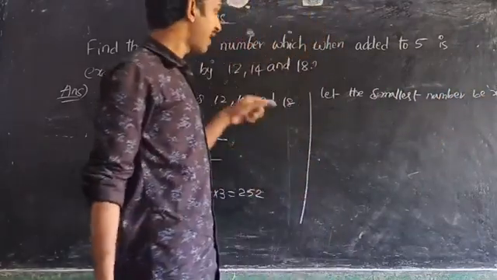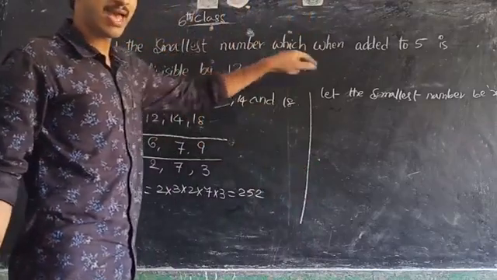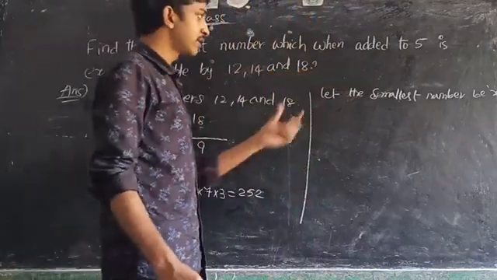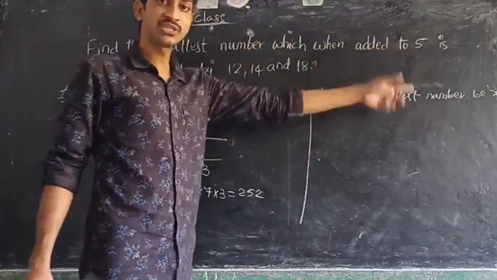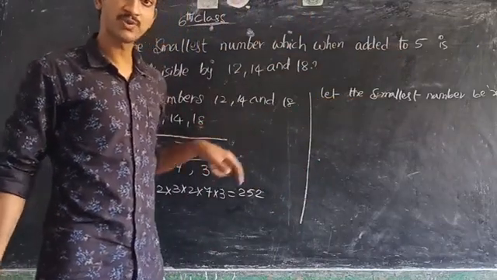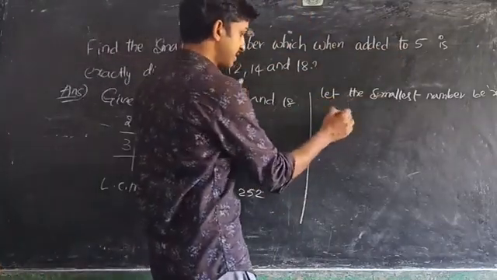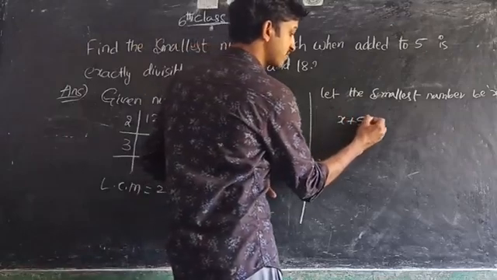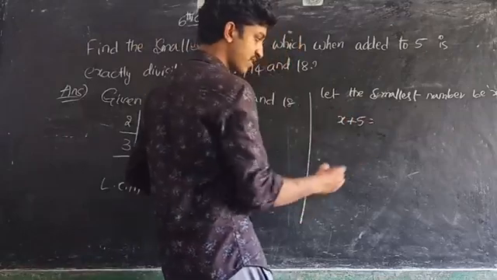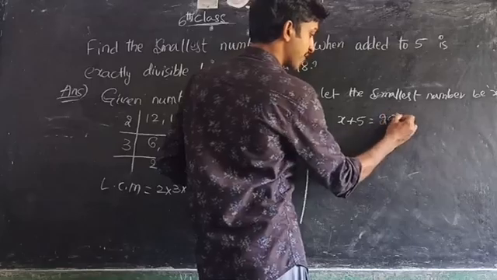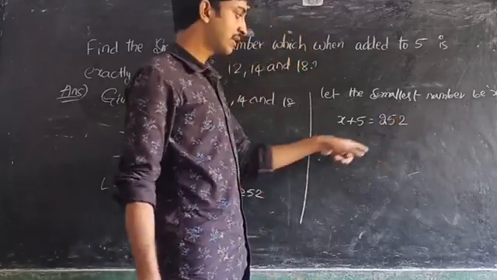If you add 5 to this number, then it is commonly divisible by these three numbers. That's why x plus 5 is equal to 252. Now find the value of x.